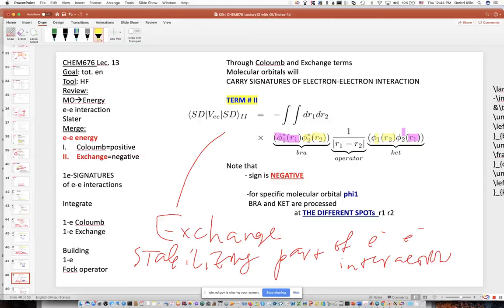Upon this swapping, the term yields the negative sign. So this term contributing to the Coulomb interaction of two electrons will have a negative sign. You see it, right?